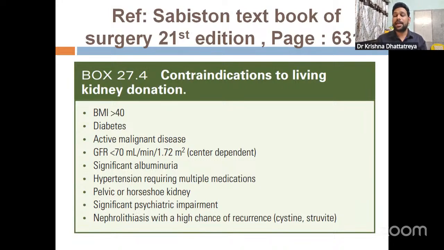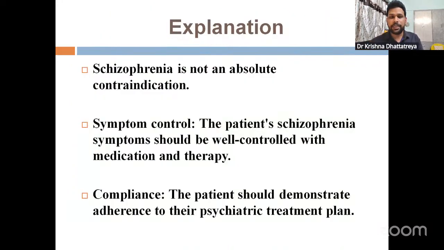But if there is a high chance of recurrence, if the patient is forming cystine stones or struvite stones, in those conditions this is a contraindication for living donation. Some of the important questions related to this topic are the standard criteria for living donation. The age will be less than 35 years, but with extended donor criteria, up to 60 years also you can include for kidney donation.